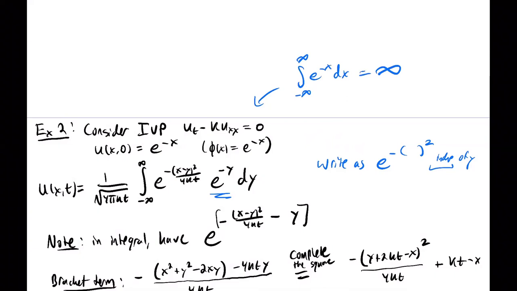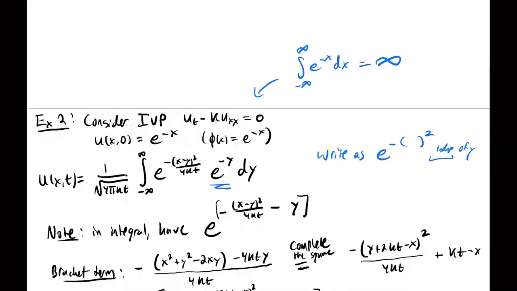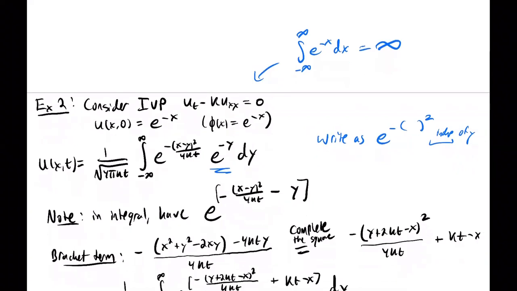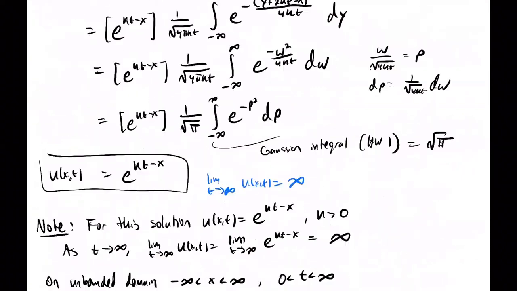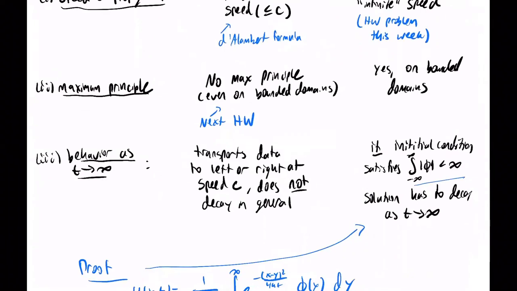The issue is if x is negative, you're integrating e to the absolute value of x, which blows up, right? So this is certainly not a finite integral, right? And so this shows that if you remove the assumption about the initial data being integrable, then maybe the solution doesn't decay. And this is an example where it doesn't decay. But if your initial condition is integrable, then the solution does have to decay.